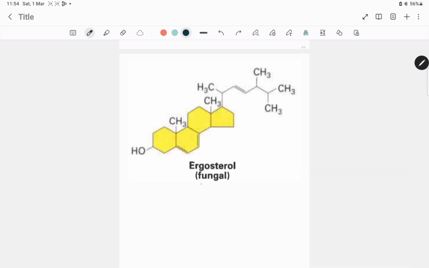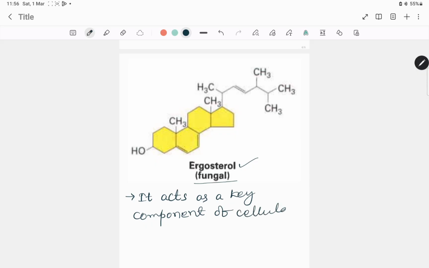The major sterol in fungi is ergosterol. It acts as a key component of cellular membrane.